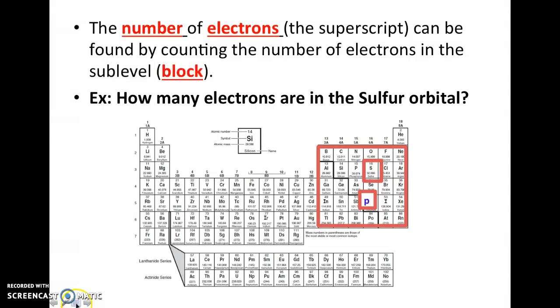So it goes 1, starting with aluminum, then 2, silicon, 3, phosphorus, and finally 4, sulfur. So how many electrons are in sulfur's orbital? It would be 4 electrons. If we had gone further, we would have been in 5 or 6, but we stopped at 4, so that's why there are 4 electrons.